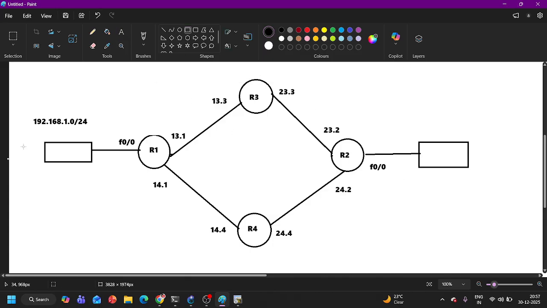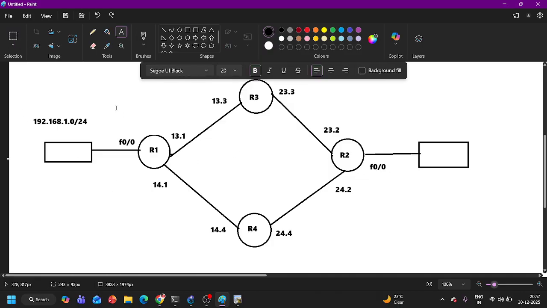Now my concern is to send this network information to router number 2 and introduce both paths. Maybe one path as the best and another path as a backup, but I need to share this network information with R2. If I configure static routing, what is the issue? Tell me first how I will configure the static routing. On router number 1, what command will you run on R1?